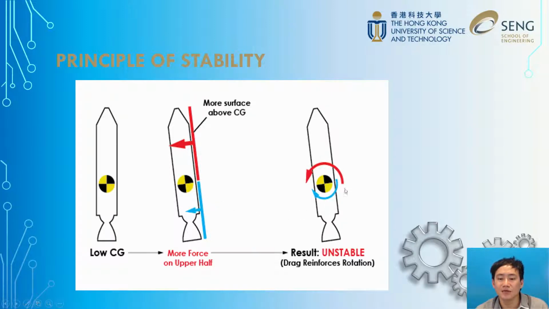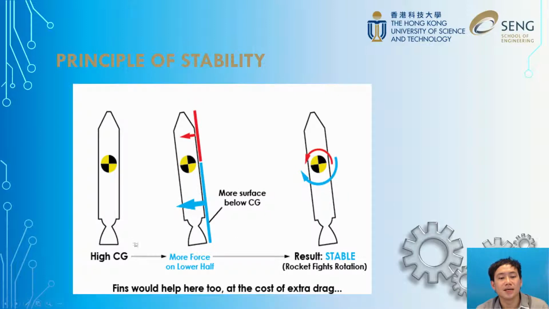And you can see the end result is that this rocket will continue to rotate in the counterclockwise direction and result in an unstable condition. The solution to this problem is that we try to locate all the heavy material towards the front of the rocket and move the center of gravity up.